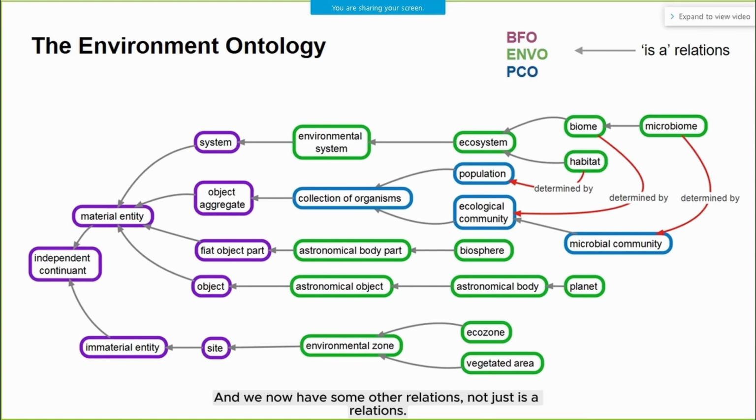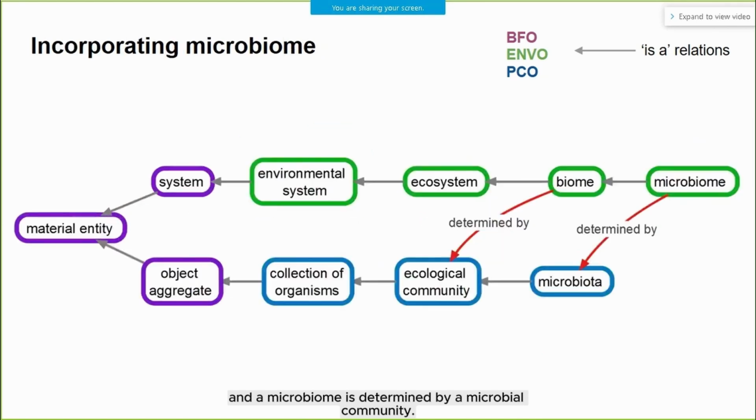We now have some other relations, not just is-a relations. A habitat is determined by a population, a biome is determined by an ecological community, and a microbiome is determined by a microbial community. So that's the same thing, just focused down to what we're interested in.